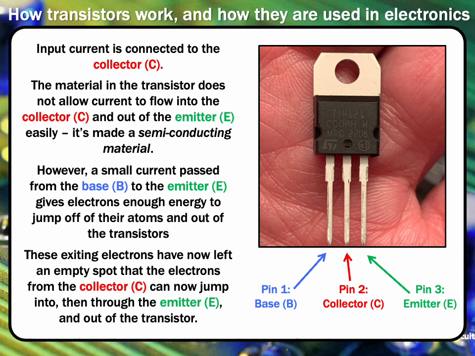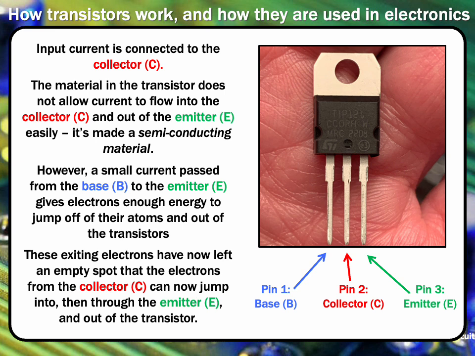And then if there's a gap, those will start to flow out of the emitter through the circuit. Once there's enough current passing from the base to the emitter, that has pushed all the electrons it can out of the way, it maximizes the open gaps that can be filled by the main current passing in through the collector.